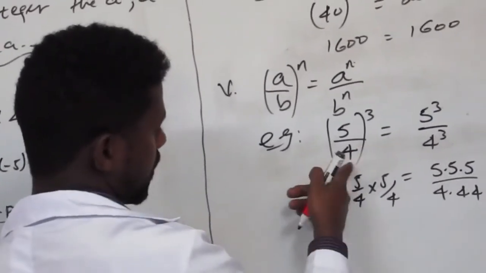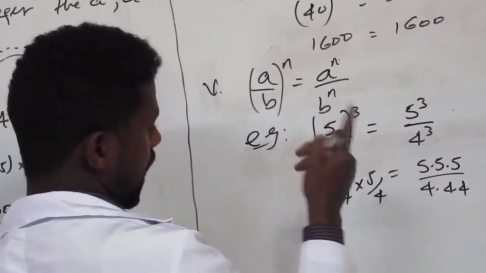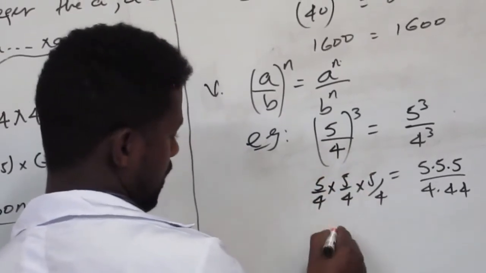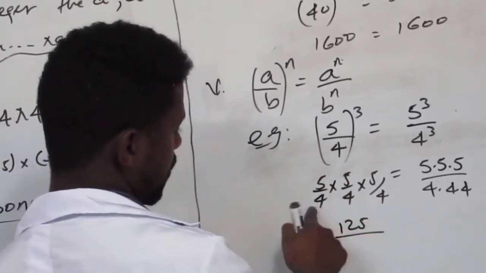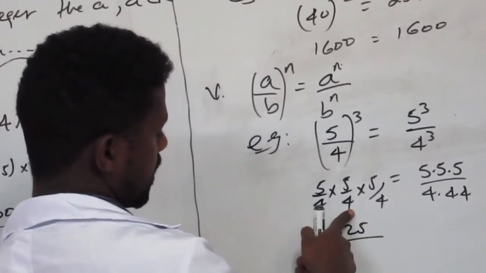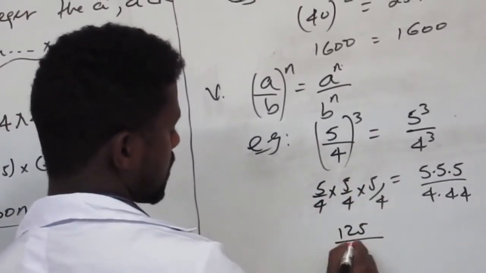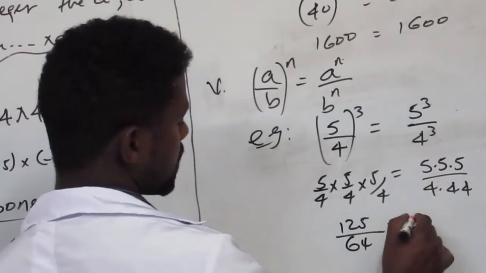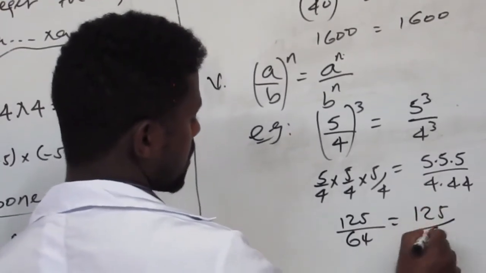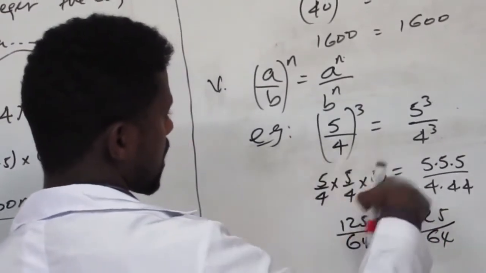So 5 times 5 is 25, times 5 is 125. 4 times 4 is 16, times 4 is 64. So it is equivalent to 125 divided by 64. In both cases, they are the same.